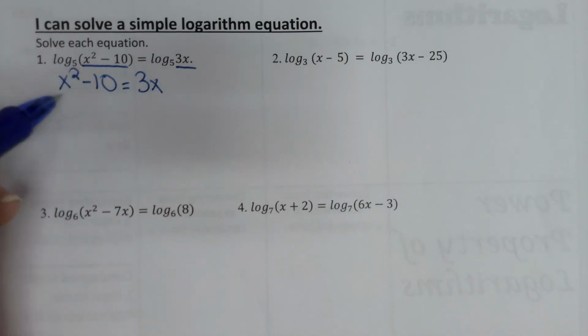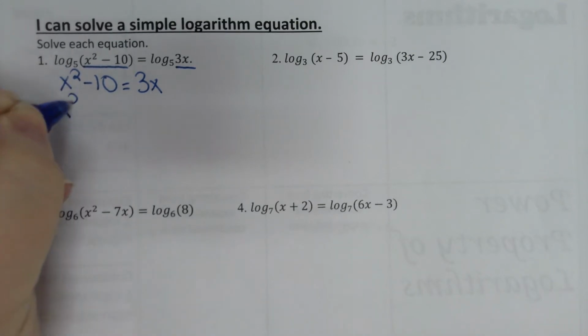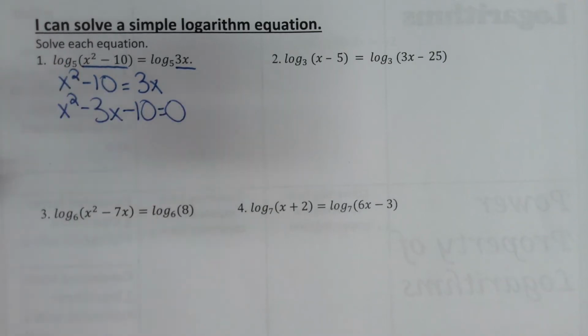Because this is a quadratic equation, this is an indicator that this is a skill that requires factoring when I have a common base. So we're going to subtract 3x from both sides and factor this quadratic.